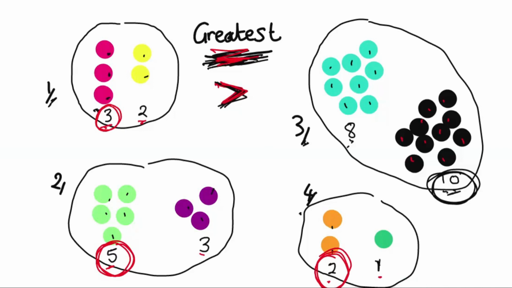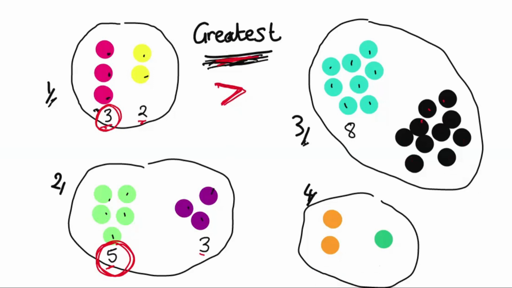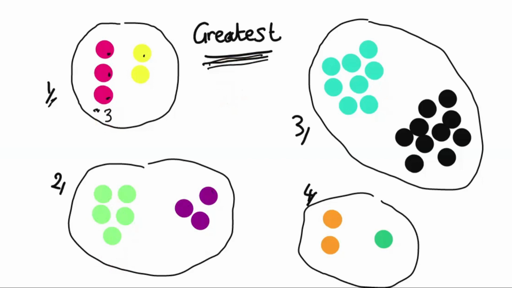Now, moving on, we are now going to look at the least. So we're going to use the same dabs, we're going to use the same groups, but this time our word is going to change a little bit.